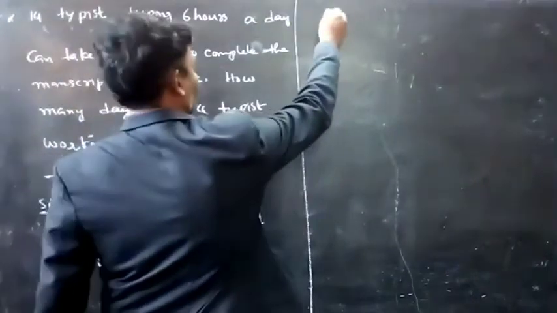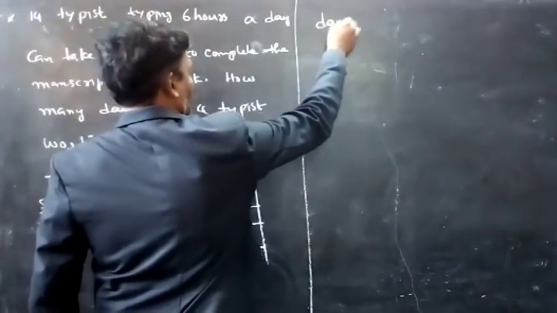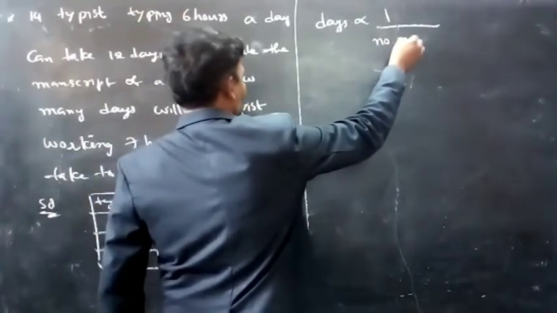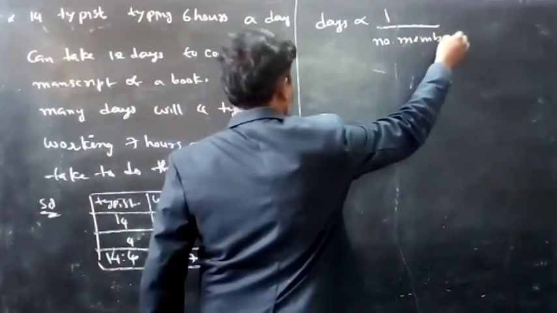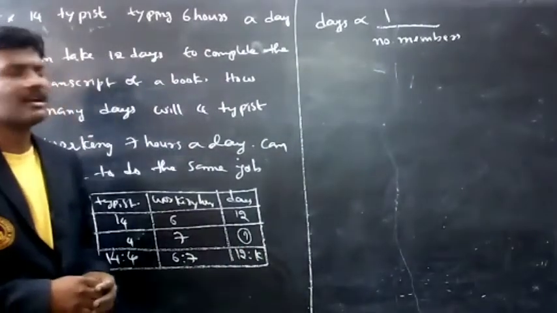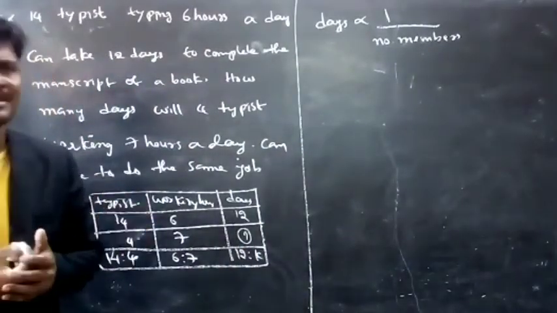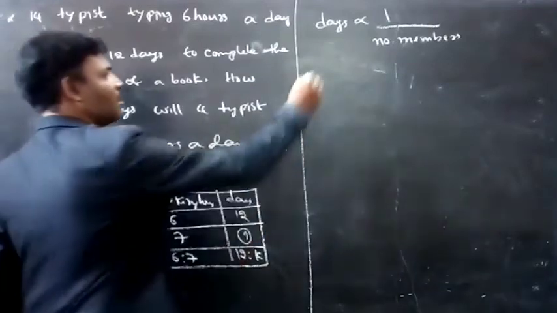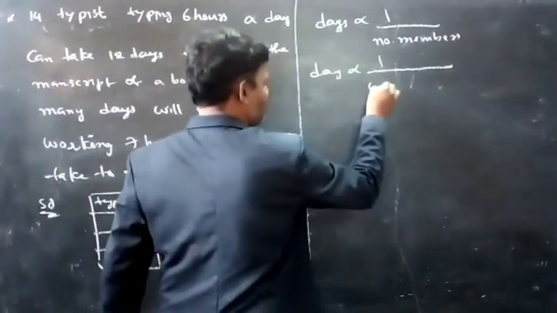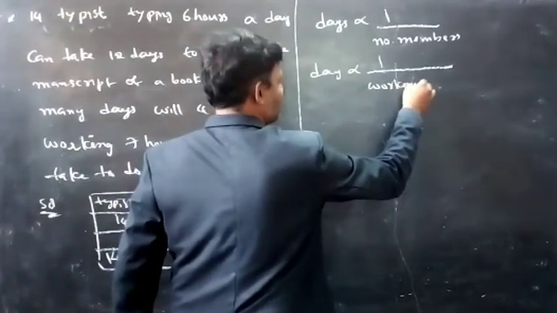See, days are always inversely proportional to number of members. Here members means typists. Days are always inversely proportional to members, and also days are always inversely proportional to working hours.